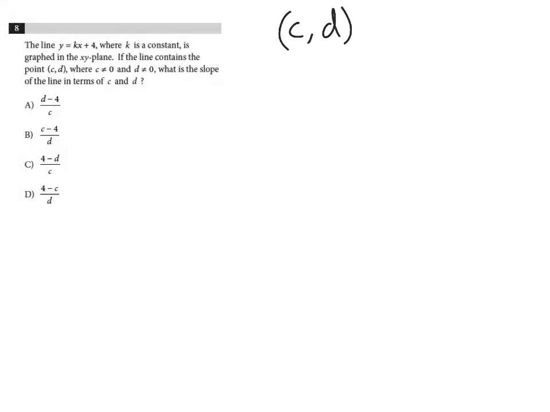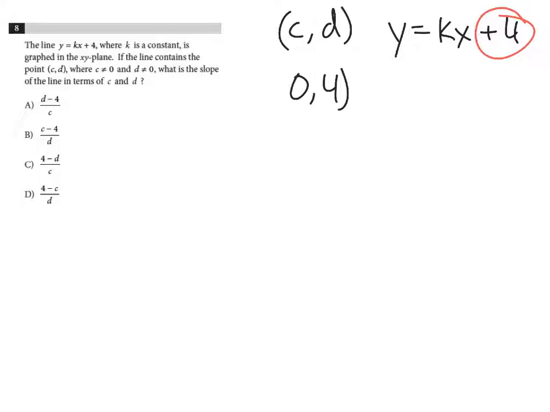That's given. We also have the equation of the line y equals kx plus 4. Well, we know that this term right here, the b term in our y equals mx plus b form of the equation, is going to be our y-intercept. When we know the y-intercept, x equals 0 at the y-intercept, so we know we have a point (0, 4).